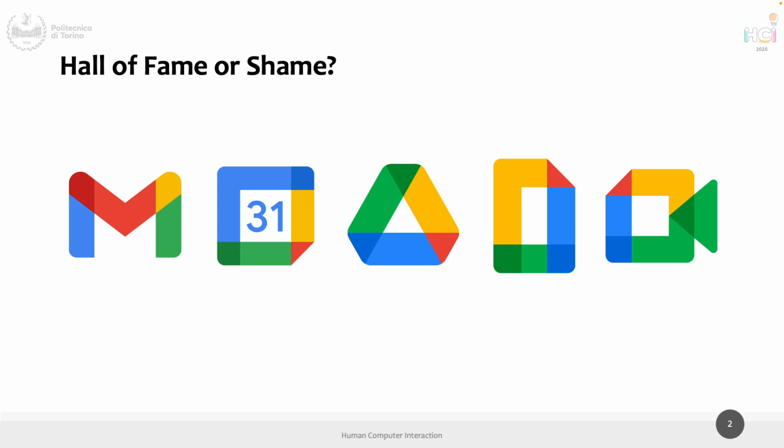Okay. Why Hall of Fame? For consistency of the colors. Simple but memorizable. They have the same pattern and similar colors.